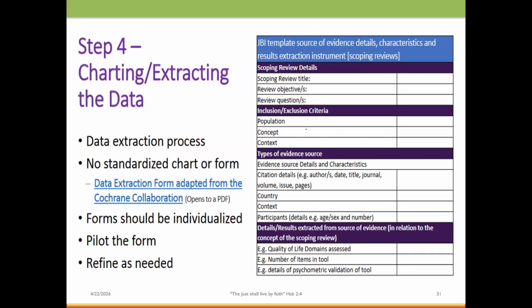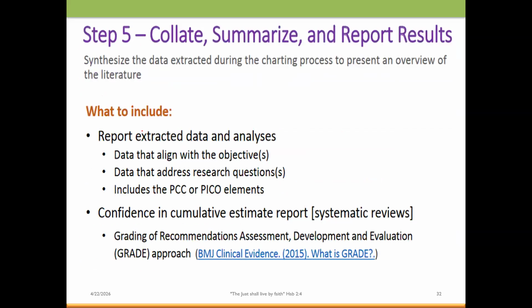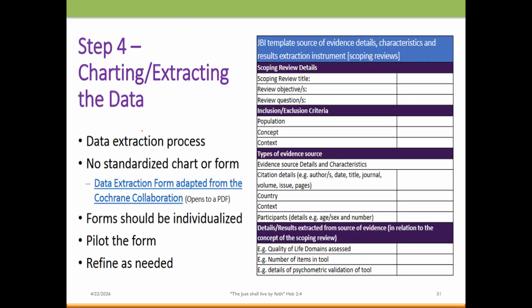You can read about the JBI, and you can see there are several aspects like the country and the participants' demographics. As you're doing all these things, you're extracting the data.